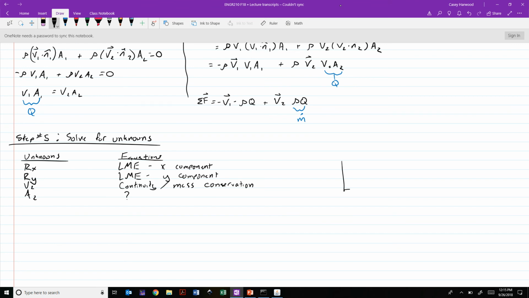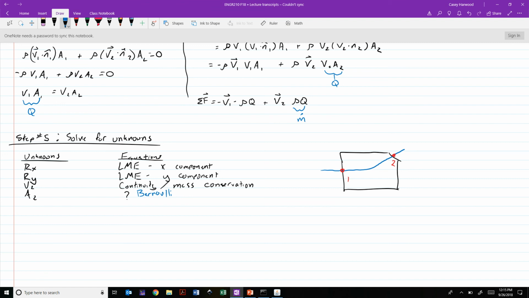If we've got our control volume, flow comes in here, it turns, it exits here. Let's say we've got a streamline with point 1, point 2. What equation would we use to relate the velocities between these two points if we know the pressures at both points? Bernoulli, right.